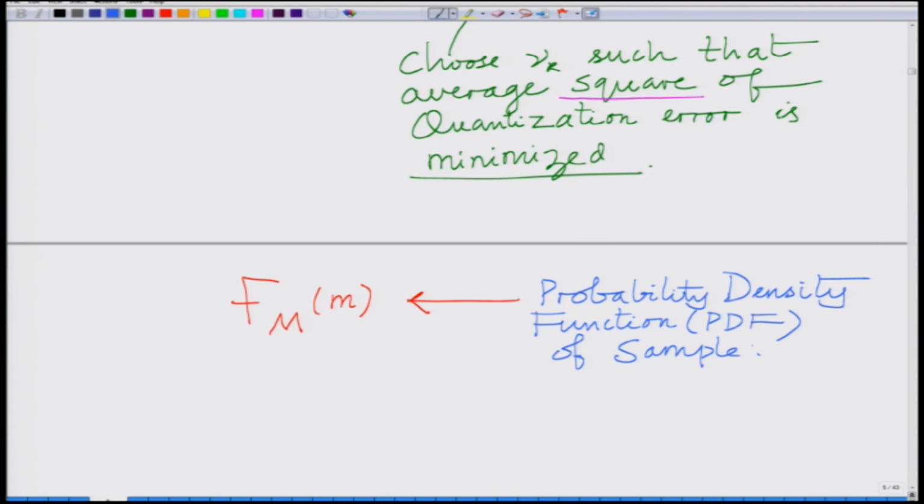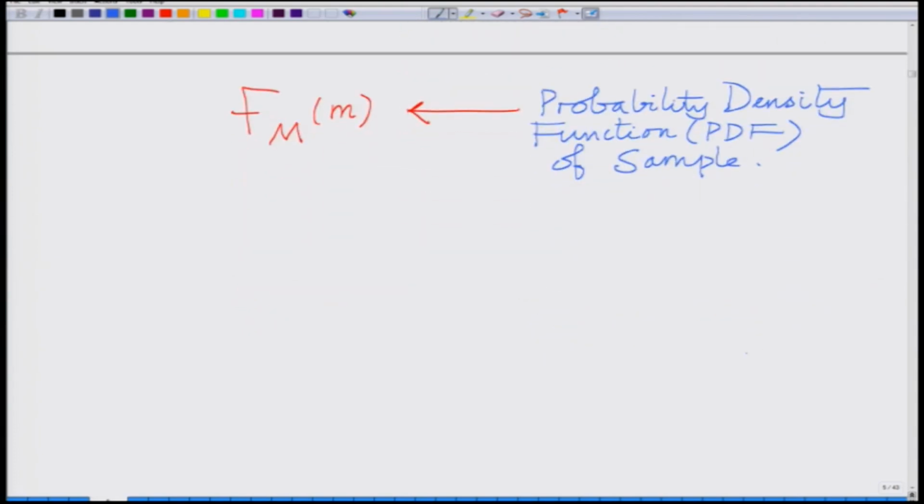Now, quantization error is basically nu k minus m if the sample is m, and nu k minus m whole square is the square of the quantization error.